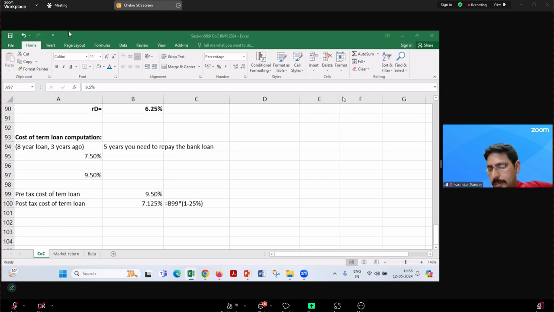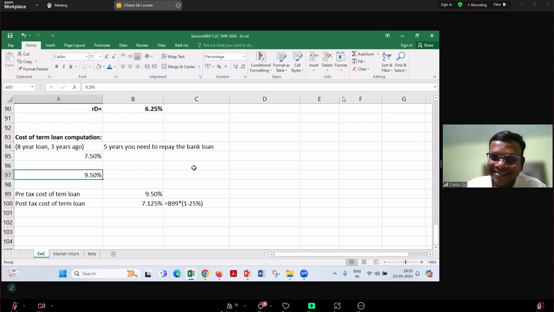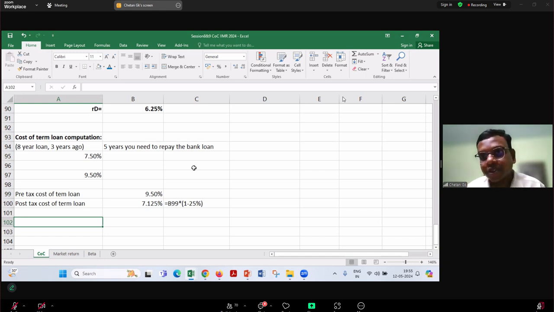Okay. Thank you. Any other doubts before I ask you doubts? Okay. So hopefully there are no doubts. Now, we have assumed that Prashant Limited is a listed company, and we have computed all this. So how to compute this for an unlisted company?